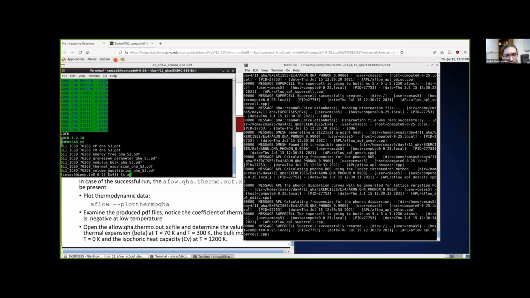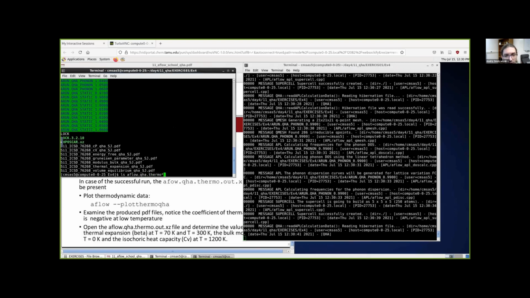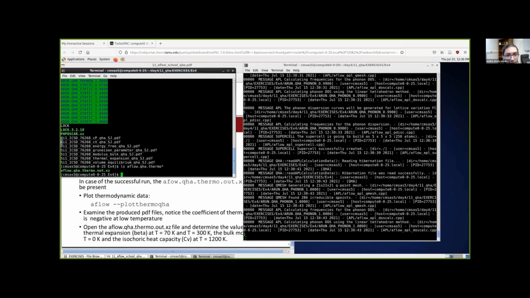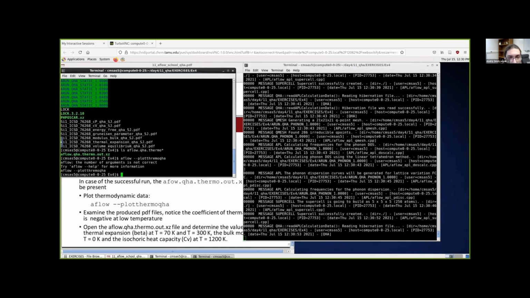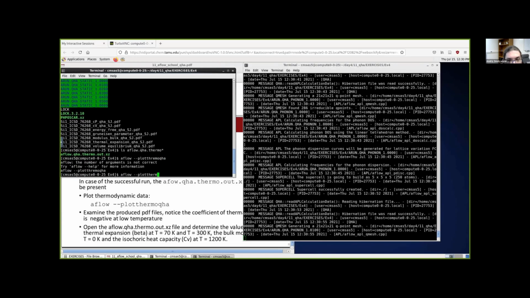And as you can see, in case of a successful run, you should have the AFLOW QHA thermo file, and you use the AFLOW plot thermo QHA command to plot.